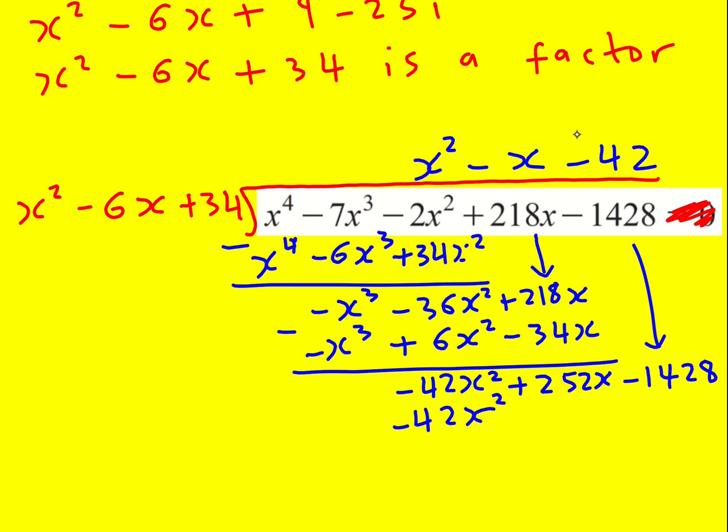Minus 6 times minus 42 is going to be 240 plus 12 is going to be 252. Of course, you can use a calculator for this. And 34 times minus 42, if you do that, you will get minus 1428. We get 0. We knew it was a factor. We had to get 0.